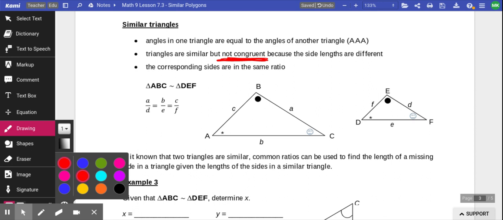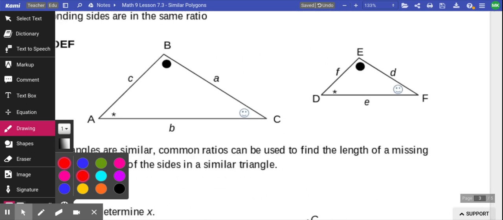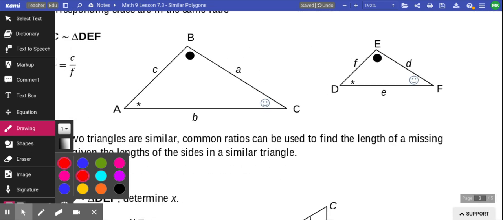Just in case you've ever heard the word congruent and you're like, oh, what the heck's going on? You'll notice that they've got these two triangles over here. So they're trying to demonstrate that the angles have stayed the same. So angle C right there, the smiley face, matches up with angle F over here. If I look up here, I got the big solid dot. That should match up with my big solid dot over there. And then I've got my angle star over here.